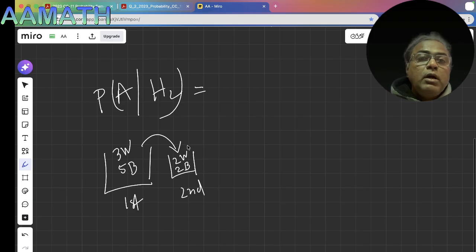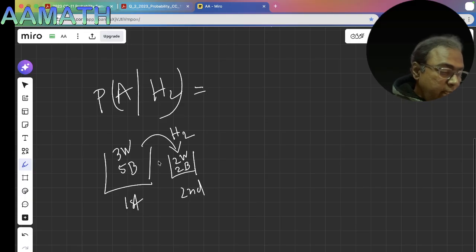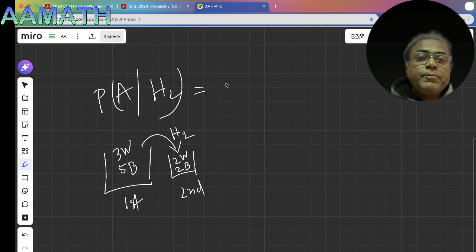So when event H2 happens. Next, A is the event that the first two balls drawn are white. So the probability of this, there are two white balls in the second urn and two white balls drawn from the second urn. So here this is the event A when we draw two white balls.